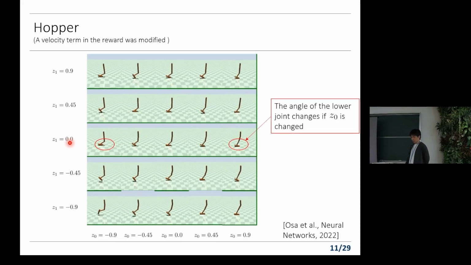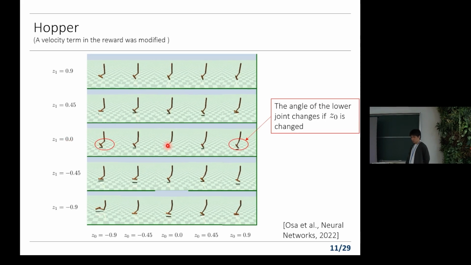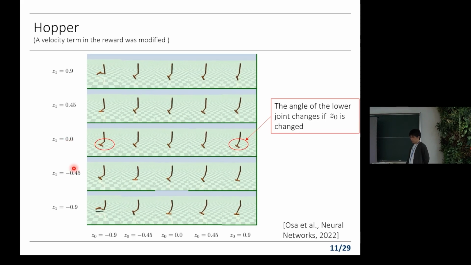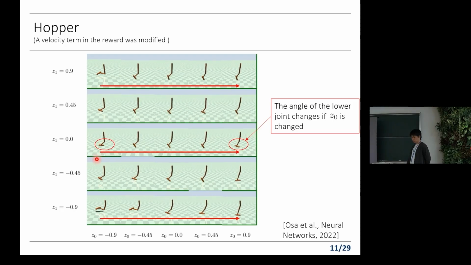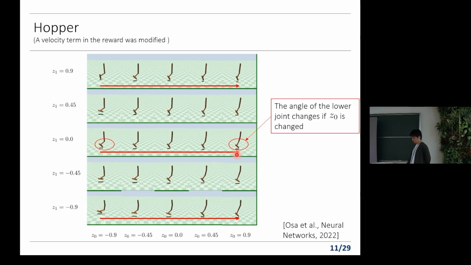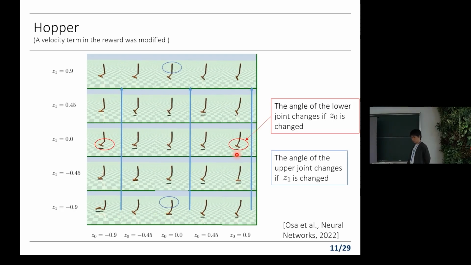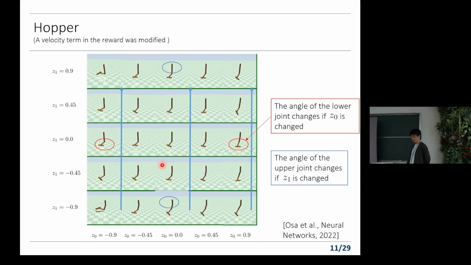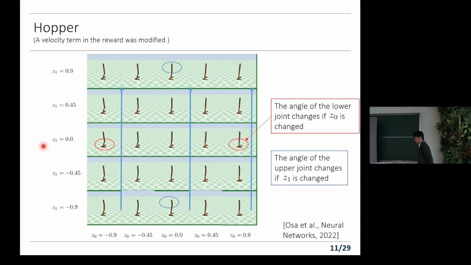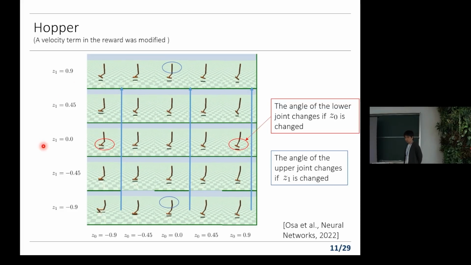We can also have a similar result for a different agent like this. Here, we can continuously change the behavior from here to here, and also from here to here. So we can have multiple solutions for a single task.